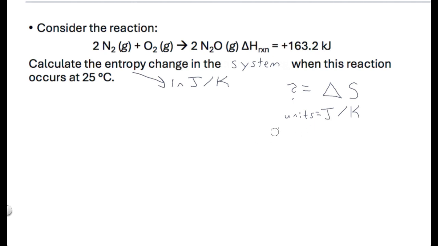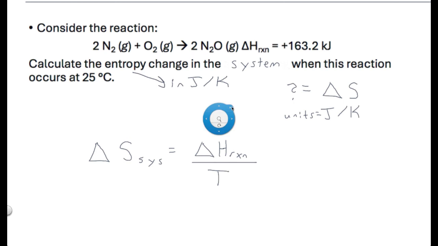That's a good start. We can use the equation: the change of S system equals the change of H reaction over T. And then we would have to convert 163.2 kilojoules into joules.